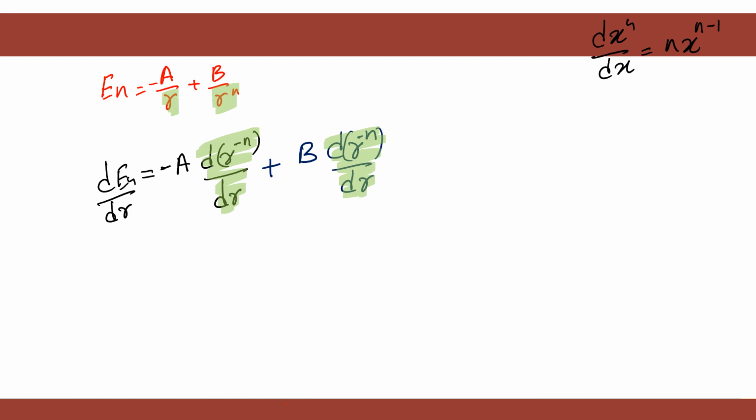This is -1. Yes, so this is -1. Are we good now? Is this right? So we need to take the derivative of the different terms separately. Is this right? Have I done anything wrong here?